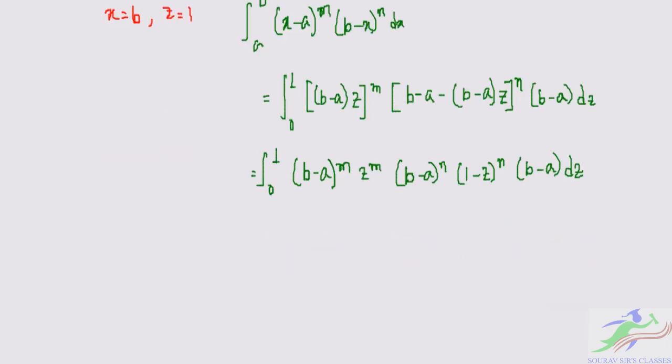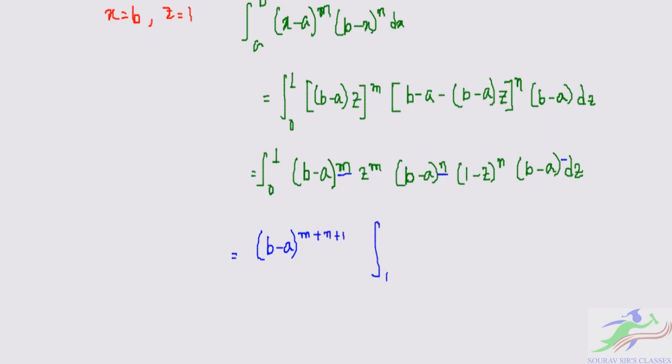Okay, so from here we can do one thing. Here you can see that for (b minus a), we have m, n and 1. So (b minus a) to the power m plus n plus 1, right?